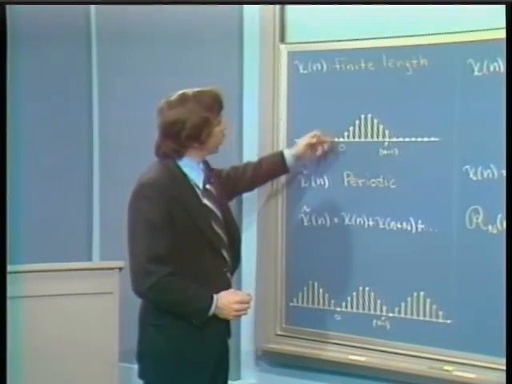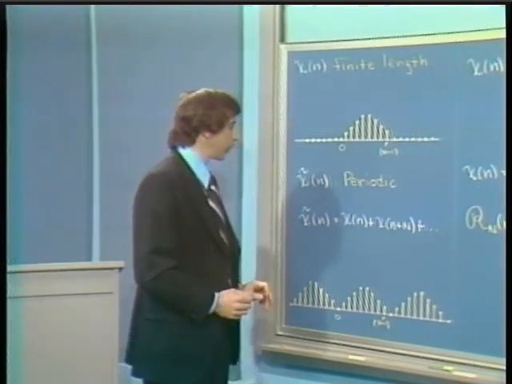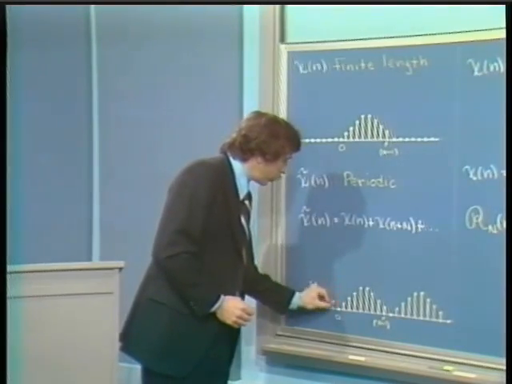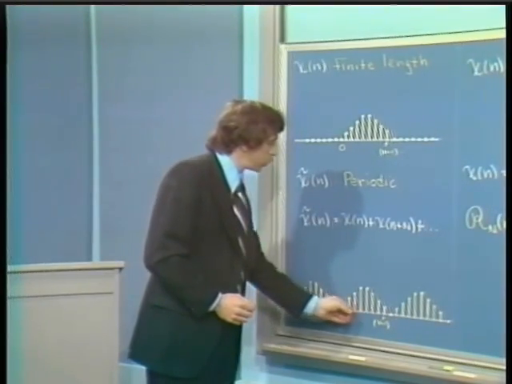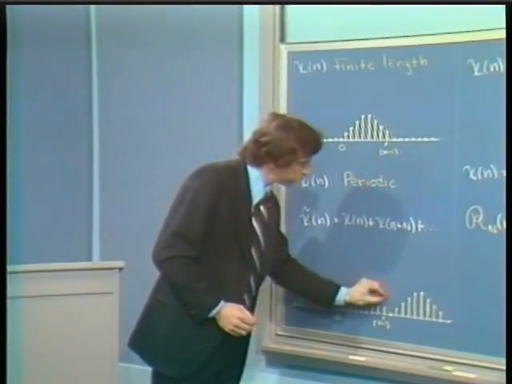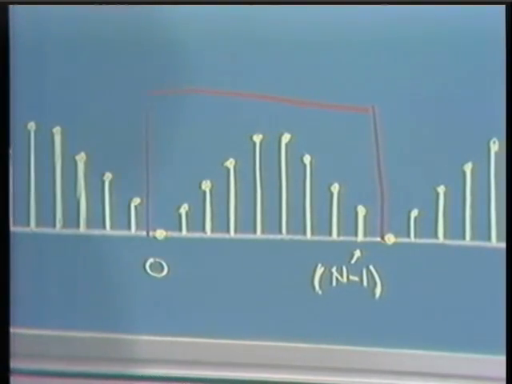In other words, I can get x of n back from x tilde of n simply by multiplying by unity for n between 0 and capital N minus 1, and 0 outside that range.